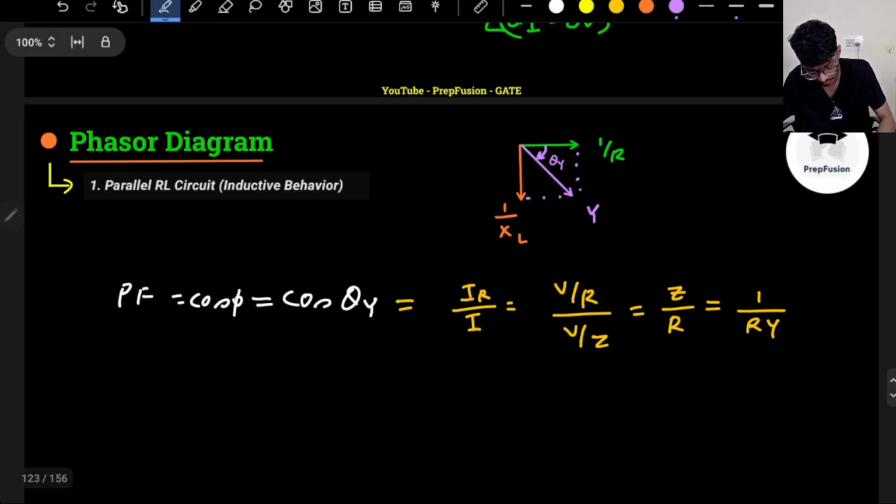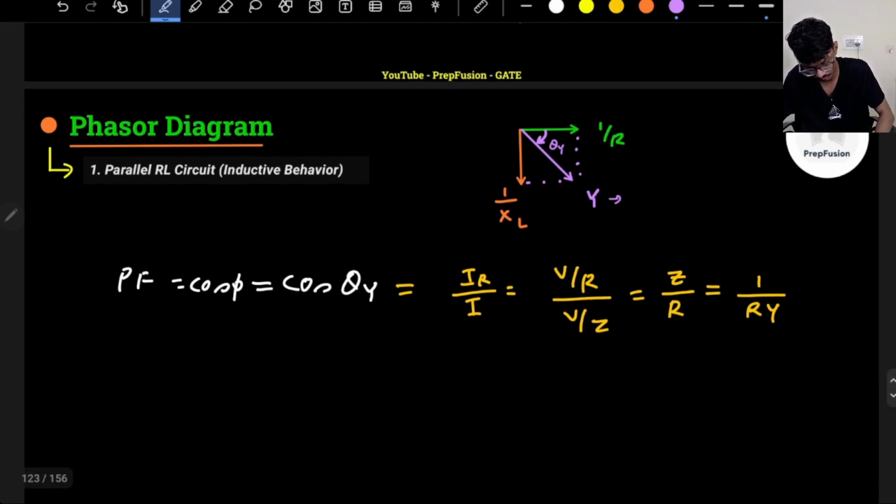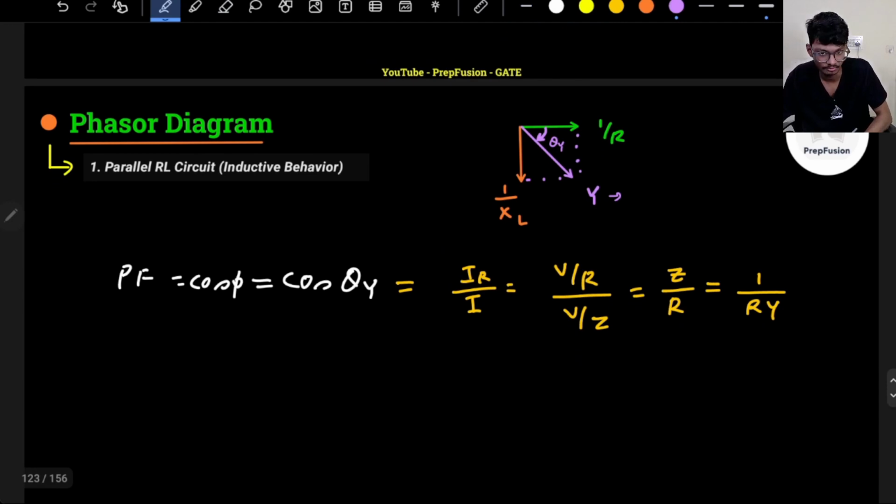Now if I want to calculate cos of theta Y, because cos of theta Y is the same as my theta Z, sorry, my power factor angle only.